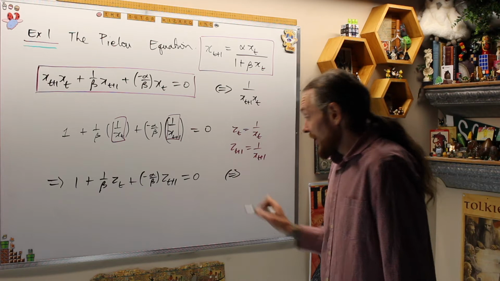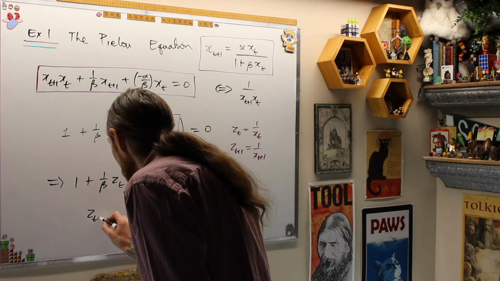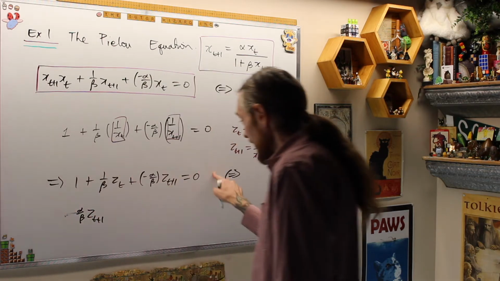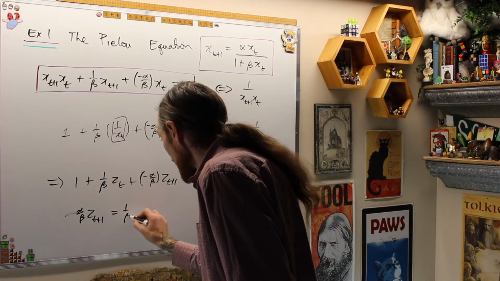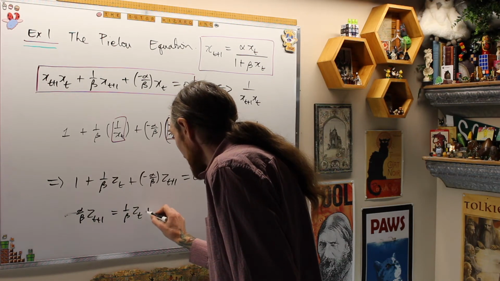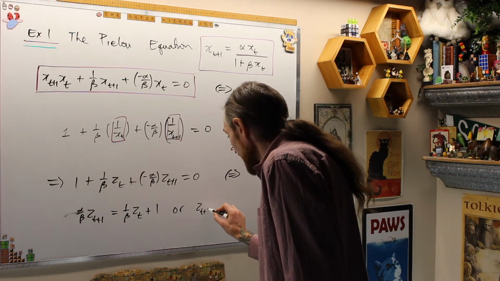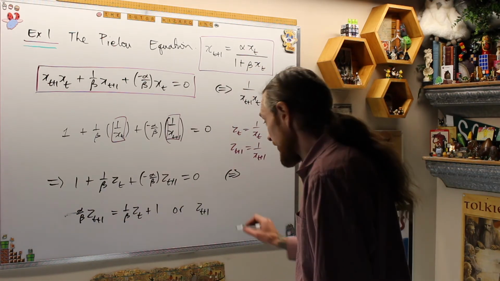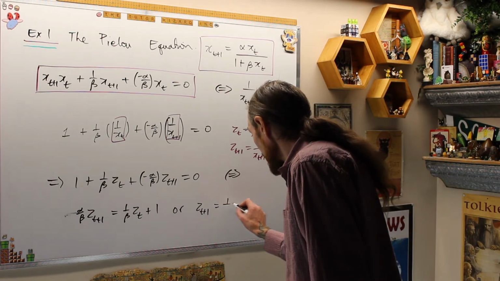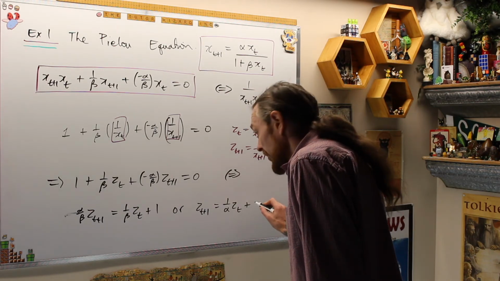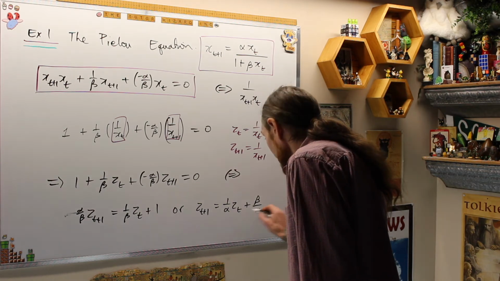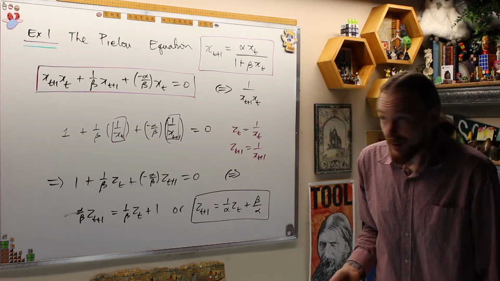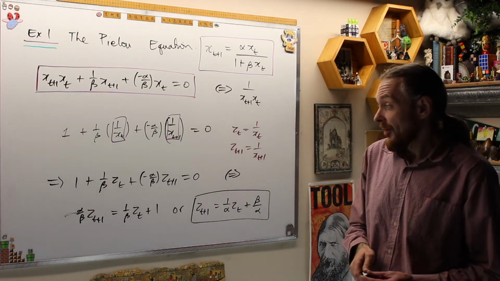Once I do that, I'm going to put it in a nice form, and we're going to get zt plus 1 alpha over beta, move this to the other side, is equal to 1 over beta zt plus 1, or zt plus 1 is dividing by beta over alpha. We're going to get, this is equal to 1 over alpha zt plus beta over alpha. And now you can see this is a constant coefficient linear first order difference equation from our nonlinear difference equation.